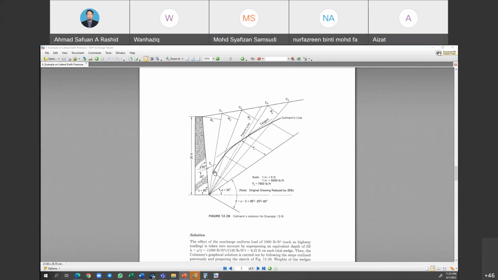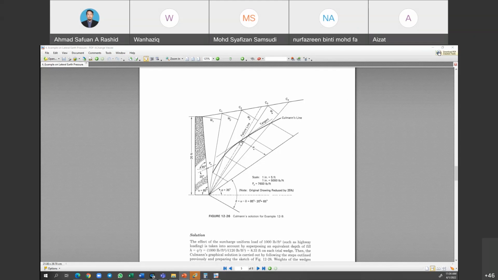Then by using a plastic ruler, make sure that all the lines are connected with all the points. And then draw a line which is parallel with the line of this one.